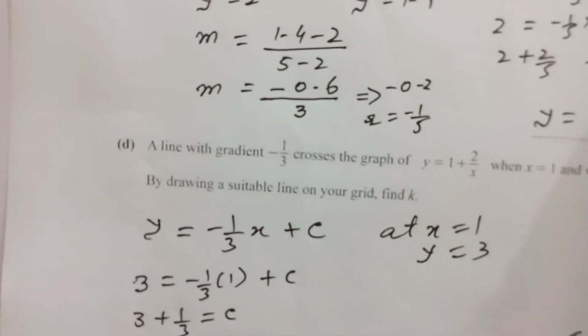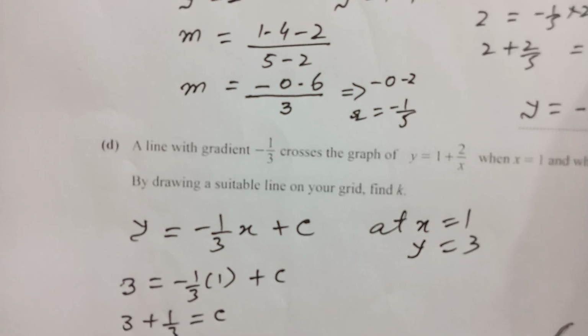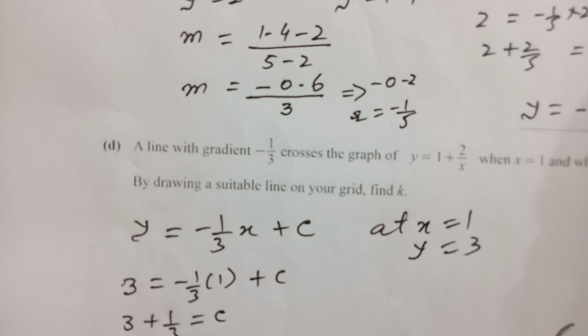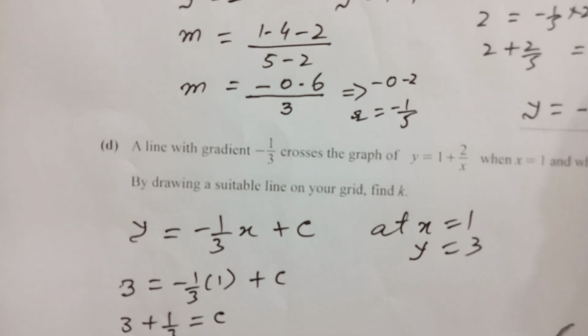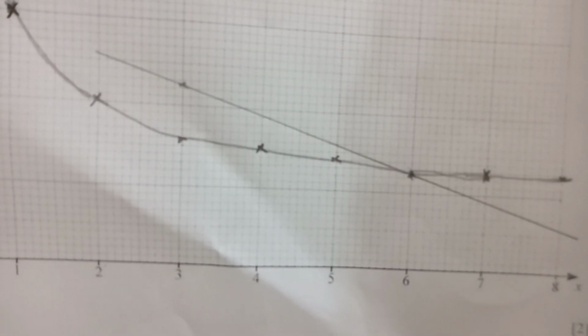Now in the next part, a line with the gradient minus 1 by 3 crosses the graph at x equals 1 and x equals 4. By drawing a suitable line on your graph, find k. I have drawn the line on the graph, and the value of k is calculated from the graph, which is opposite to the point of intersection.